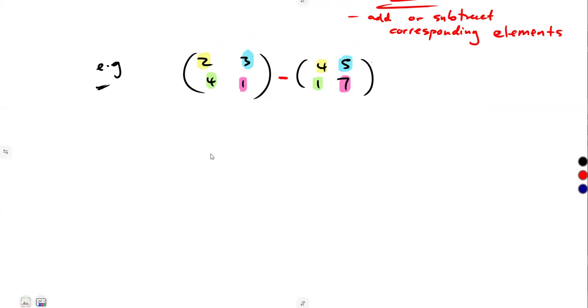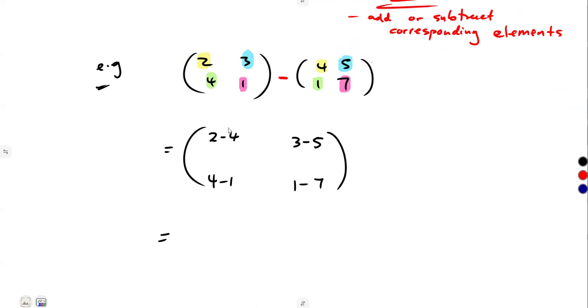So if it was a subtraction like this, you're going to have the same concept. 2 minus 4, 3 minus 5, corresponding elements. Then we move down: 4 minus 1, 1 minus 7. So this is what you're going to have. This is all about your directed numbers.